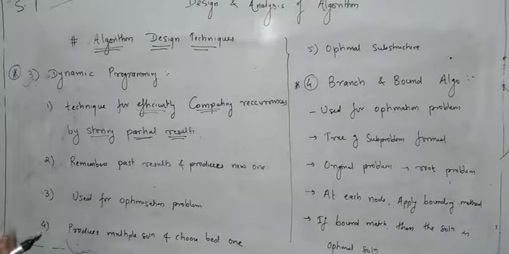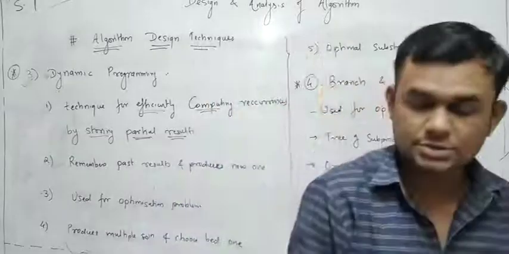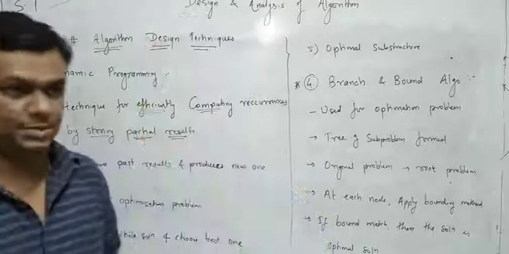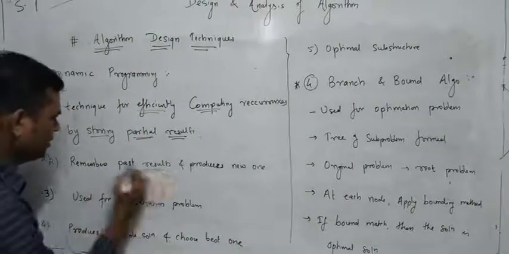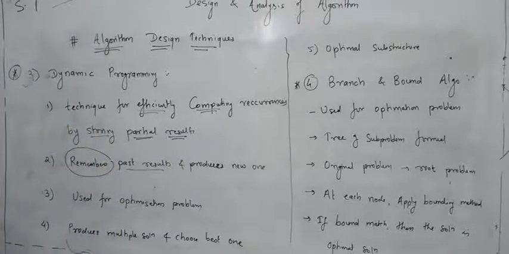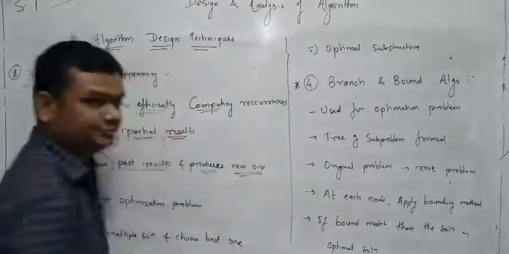When we execute the next subproblem, that subproblem depends on the output of its previous subproblem. That's why the past result is always remembered in the dynamic programming approach, and after that it produces the new one.